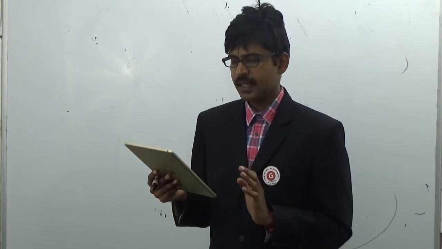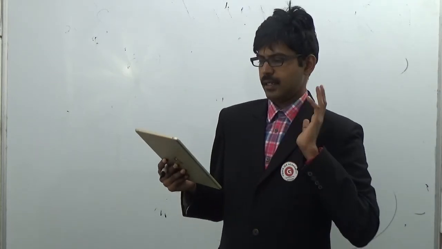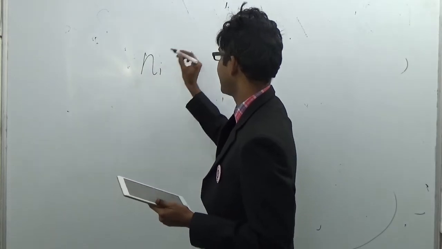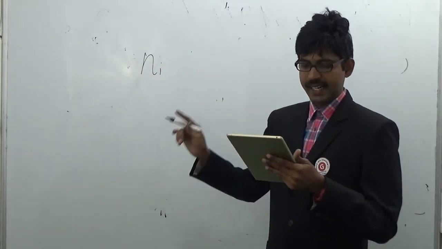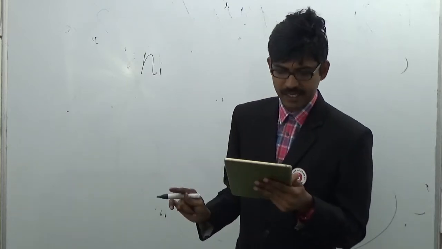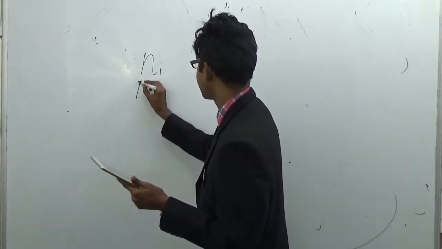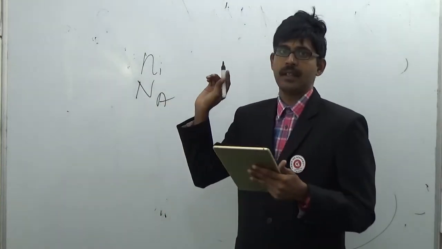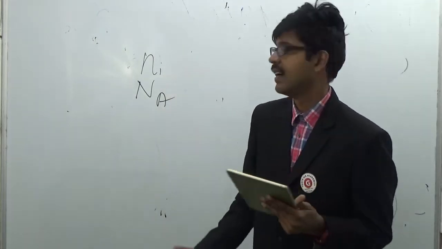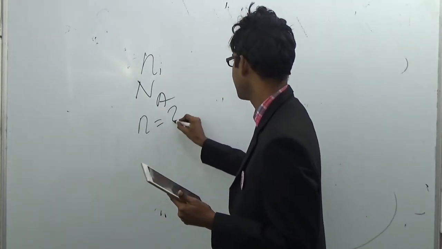So it is given the semiconductor has an intrinsic concentration Ni, and it is also added with acceptor impurities whose concentration is Na. Having given these details, you are asked to find out the electron concentration N.